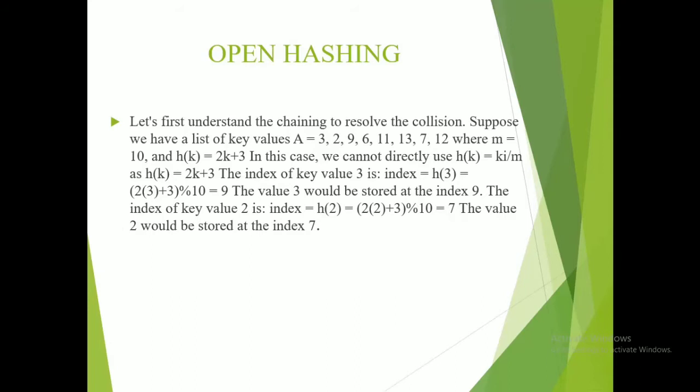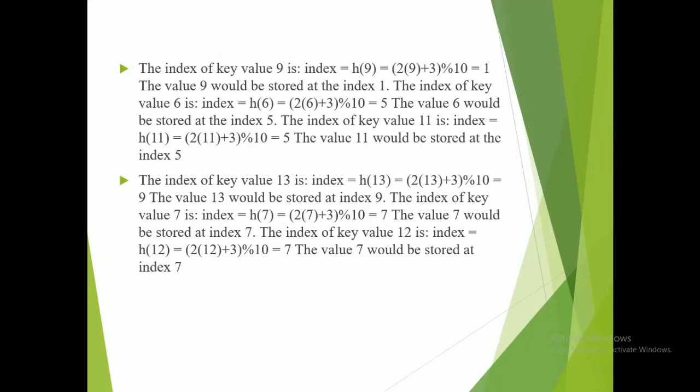The key value is 2. Index h(2) = (2 × 2 + 3) mod 10 = 7. The value 2 will be stored at index 7. The key value is 9.